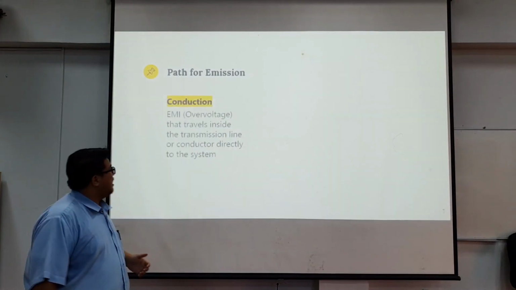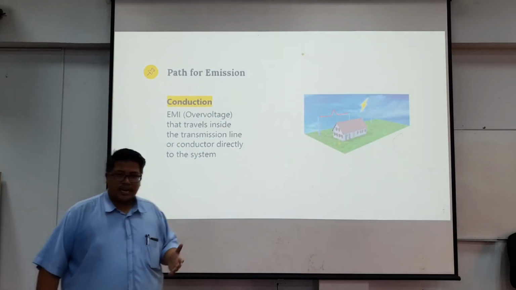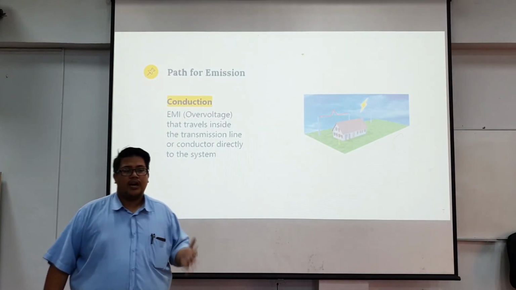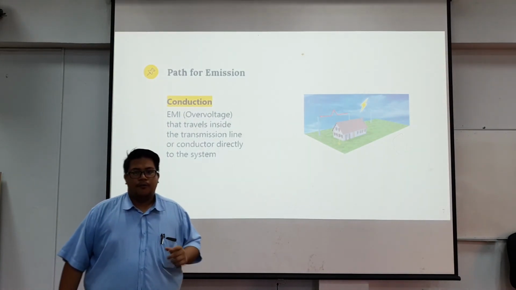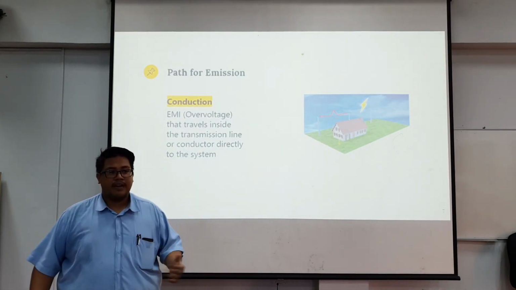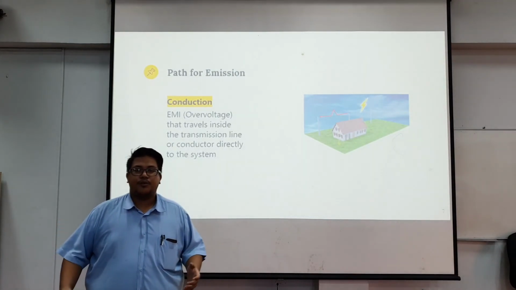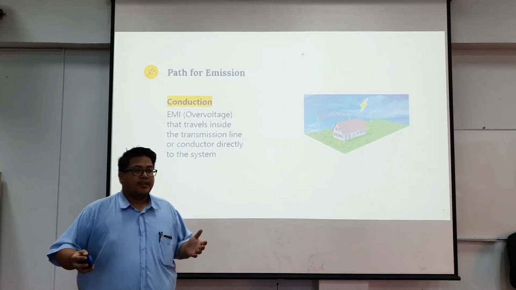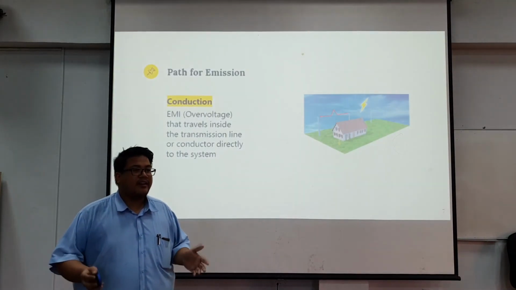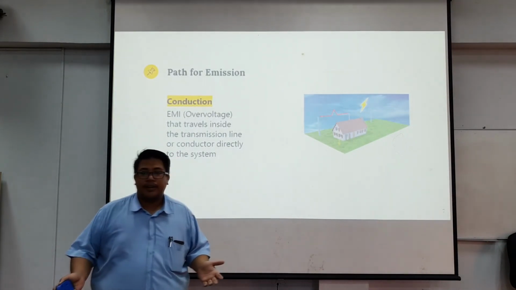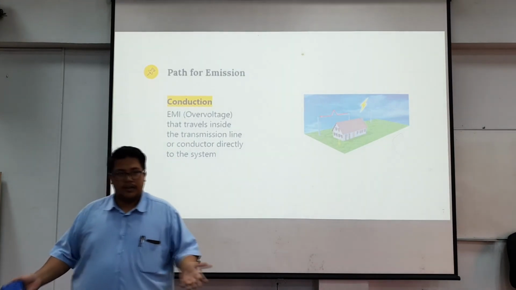Ladies and gentlemen, today I'm going to discuss how lightning could affect your system. First, lightning could affect your system via conduction, in which it could directly travel to your system when lightning directly strikes, let's say, a power grid or even a building.